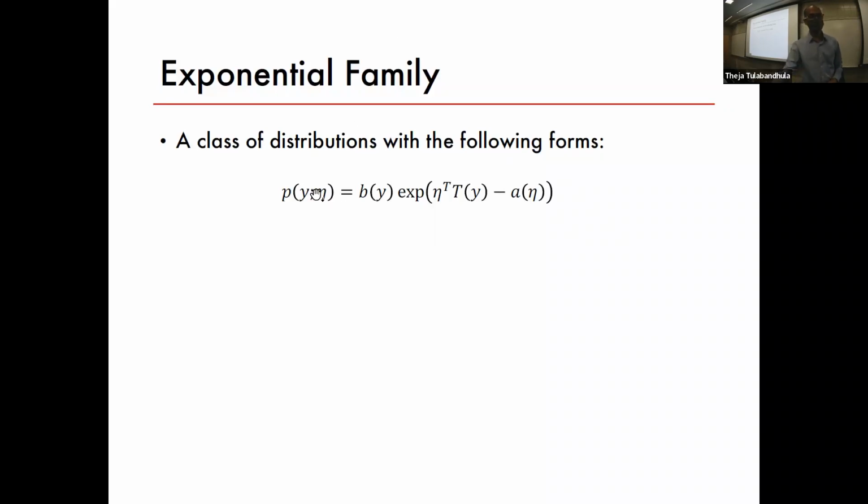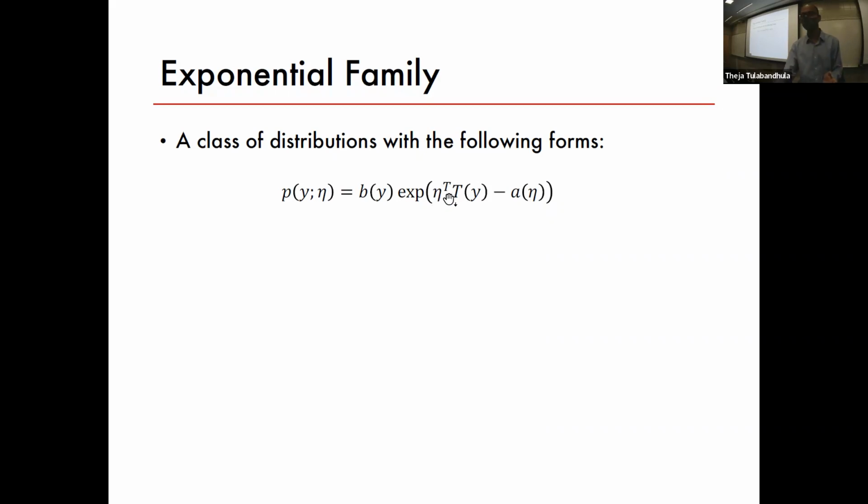The exponential family is a family of distributions, of which the normal distribution is a member and Bernoulli is a member, and they all have this type of expression: the probability of y given eta has basically three terms. There is a multiplication term which only depends on y, not on eta, a function of y only. Then there is an e to the power, and then the first term, which only depends on eta.